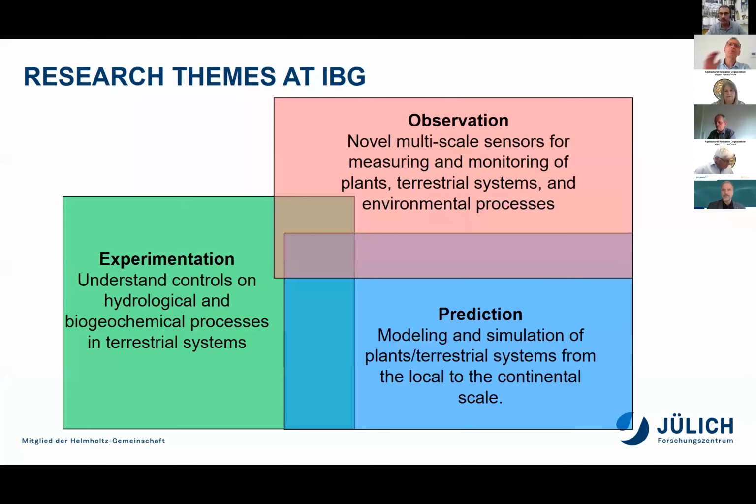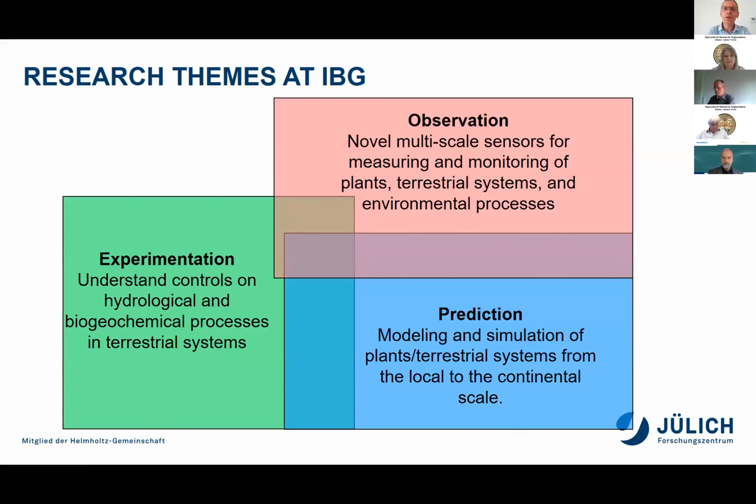So at our institute, we can divide the research themes in three main blocks. We are developing sensors for measuring and monitoring plants, terrestrial systems, and environmental processes at different scales. We are developing experimental platforms to carry out experiments, which gives us understanding about controls on hydrological and biochemical processes in terrestrial systems.